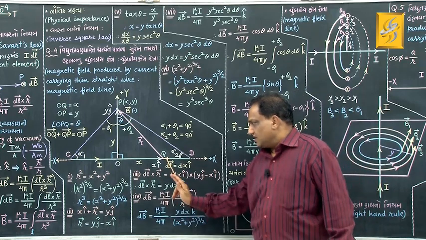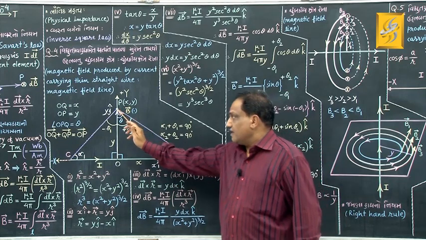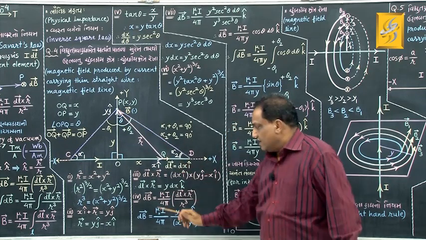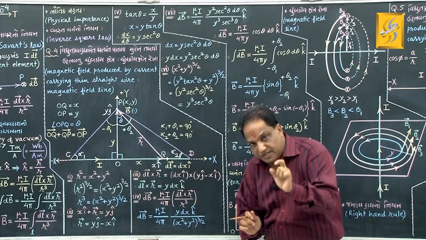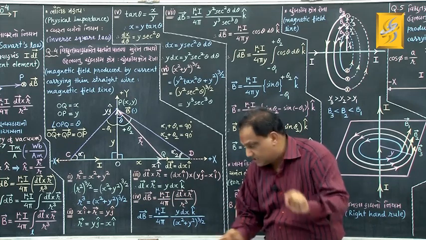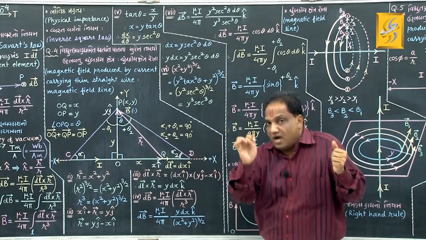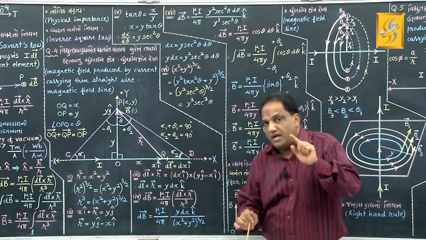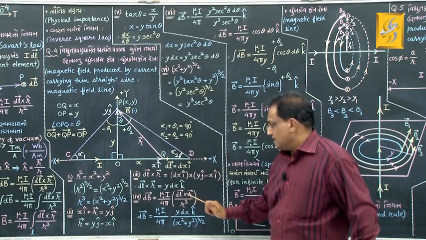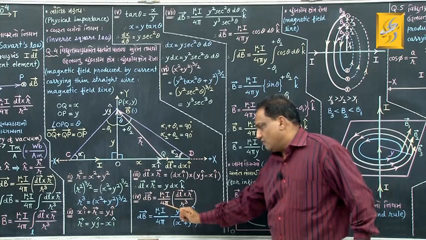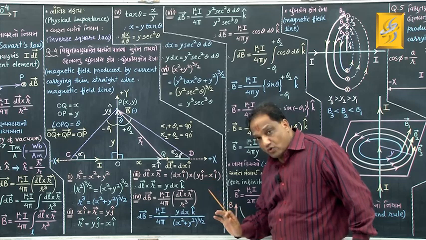Now, due to this current element, what is the partial magnetic field at this very point? Let it be vector dB, the magnetic field produced by the considered current element at point P. According to Biot-Savart's law, it is mu 0 I upon 4 pi into vector dl cross vector r upon r cube.